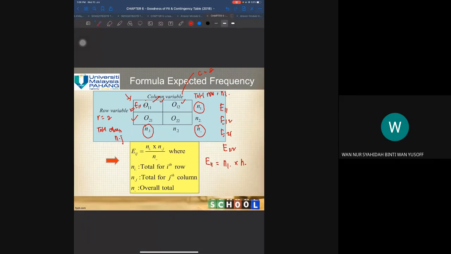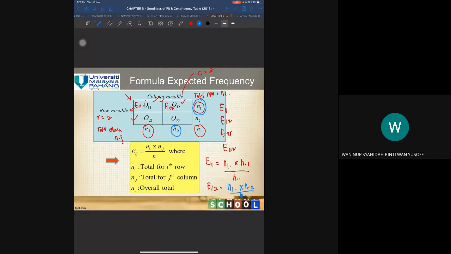Similarly, E12 is here, so it is n1 dot multiplied by n dot 2, divided by n double dot, and so on. That's how we calculate the E.